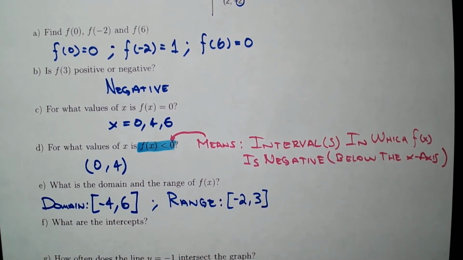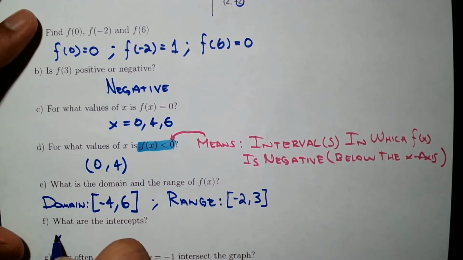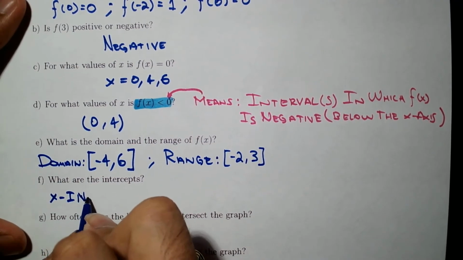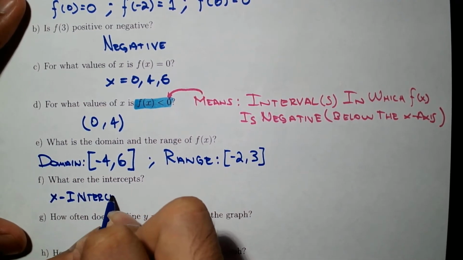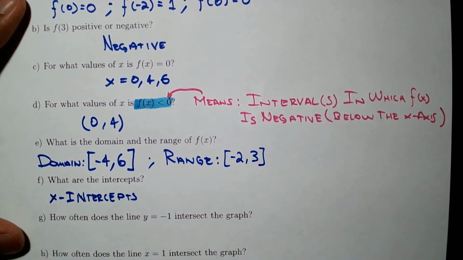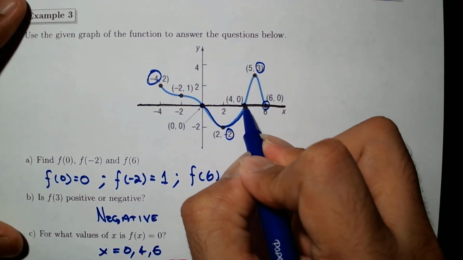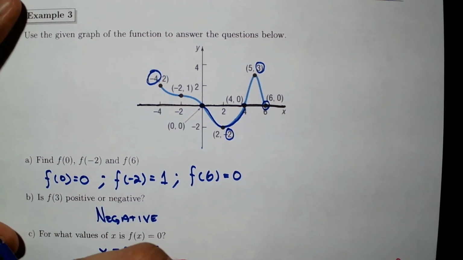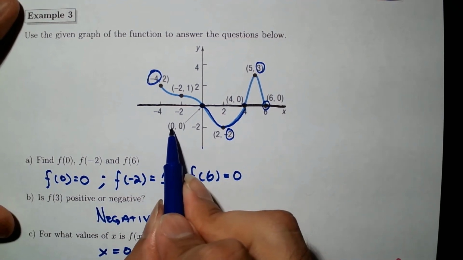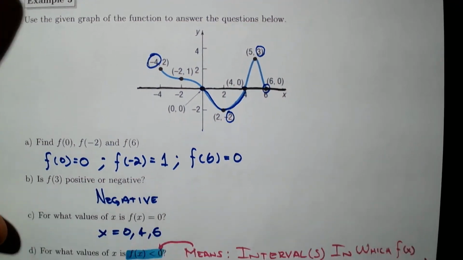What are the intercepts? Well, keep in mind that we look for X-intercepts, and also Y-intercepts. So again, recall that the X-intercepts are all the points in which the graph crosses or touches the x-axis. So in this case, the origin 0, 0, this point 4, 0, and this point 6, 0.